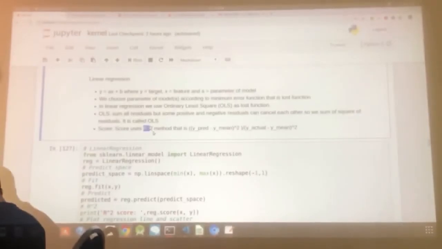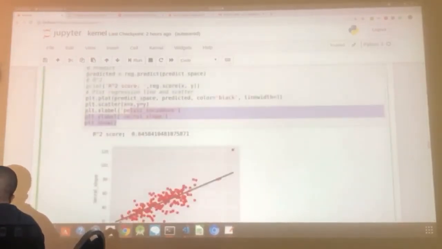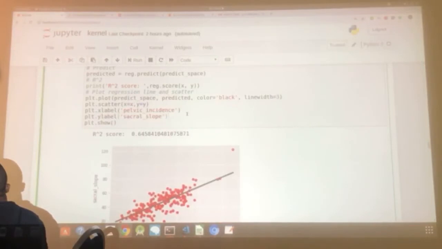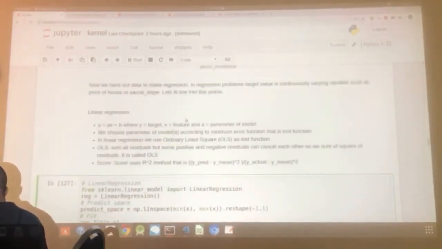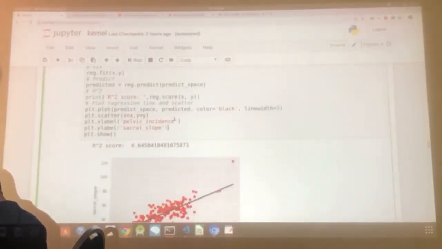So in linear regression, we use the R squared. You can follow this, and you can see that by just looking at that, my R square score was 0.64, based on the two features that I chose. Meaning that, who can explain what this means?